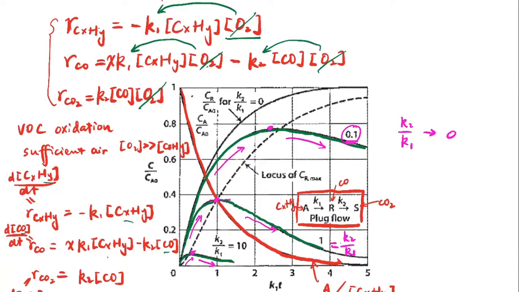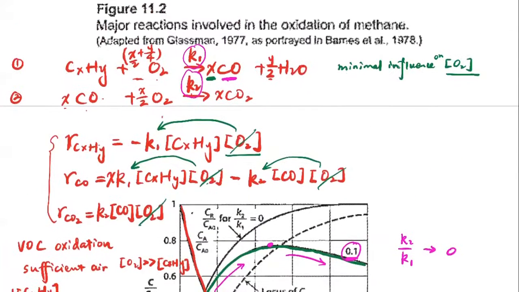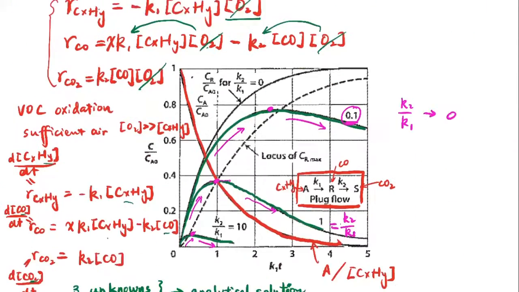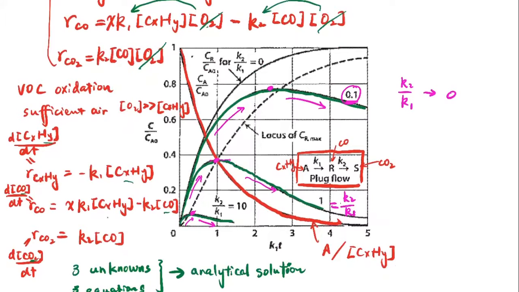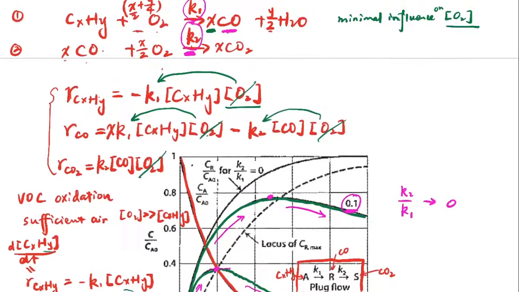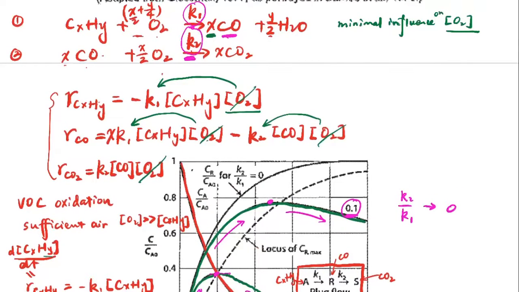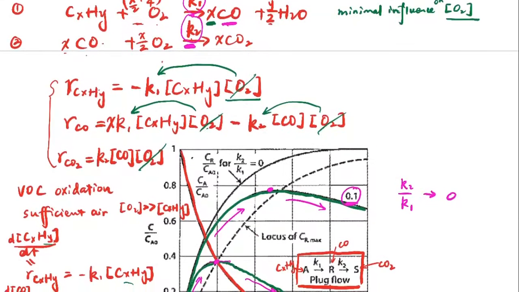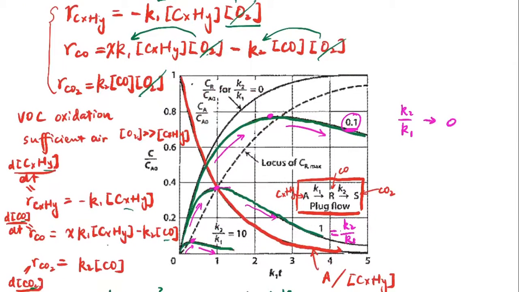But if K2 is much larger than K1, which means that the second reaction is much faster than the first reaction, then we can't have any accumulation of the carbon monoxide. So that's why you can see the reaction rates of these two equations really determine how we accumulate the reactants in the system, right?